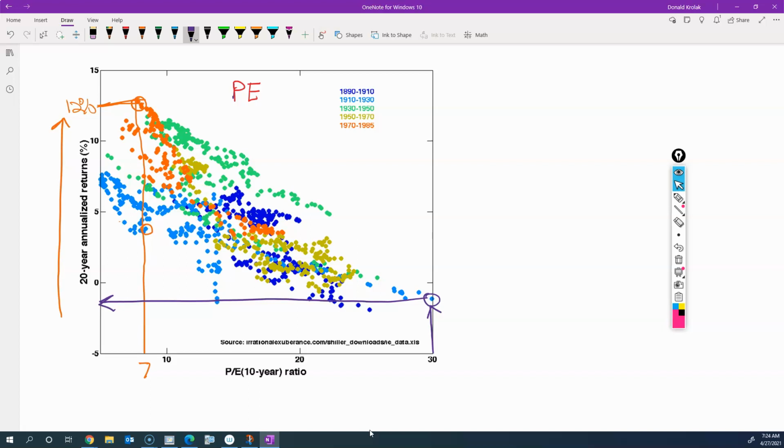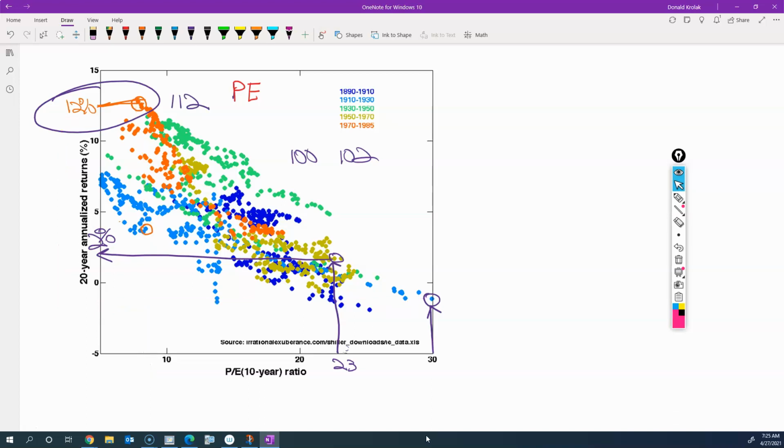If we go to one about here, that might be 23 maybe, and you got back maybe a 2% return. So if you had $100, it grew to 102. Whereas on this one, $100 grew to 112. So it's growing faster than the other ones.